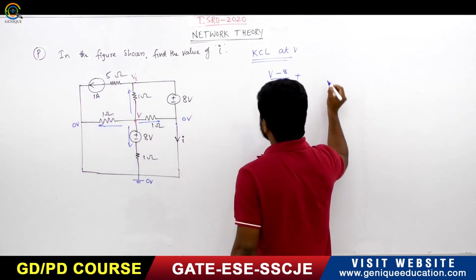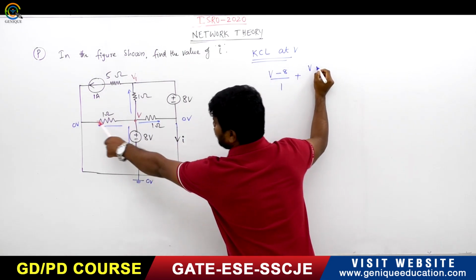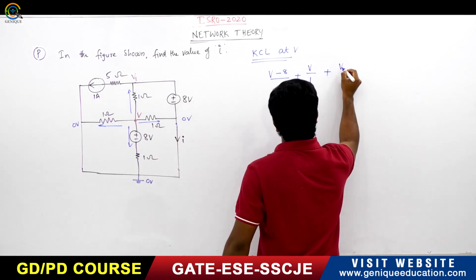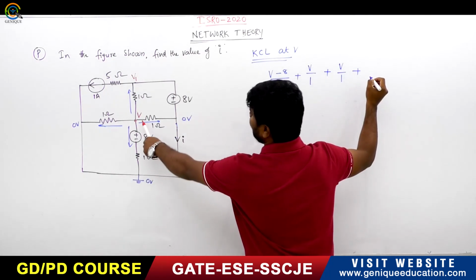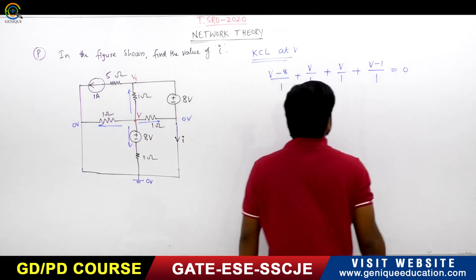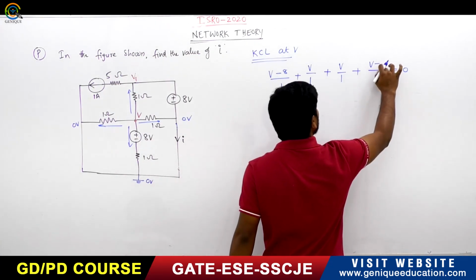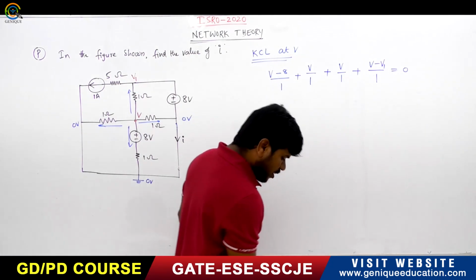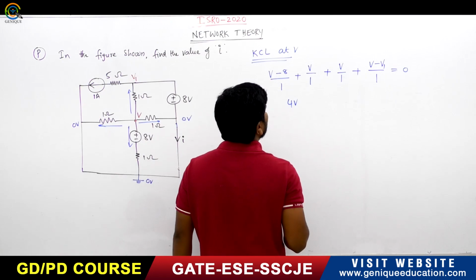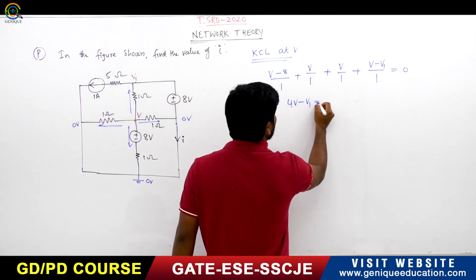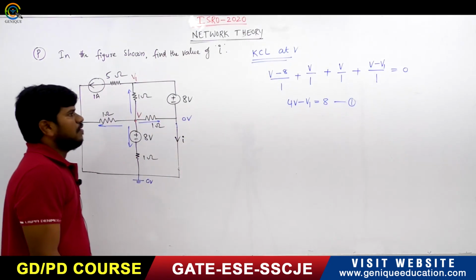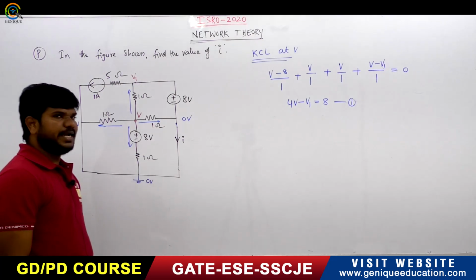So (V minus 8)/1 plus (V minus 0)/1 plus (V minus 0)/1 plus (V minus V1)/1 is equal to 0. If we simplify this, it is 4V minus V1 is equal to 8. It is one equation.